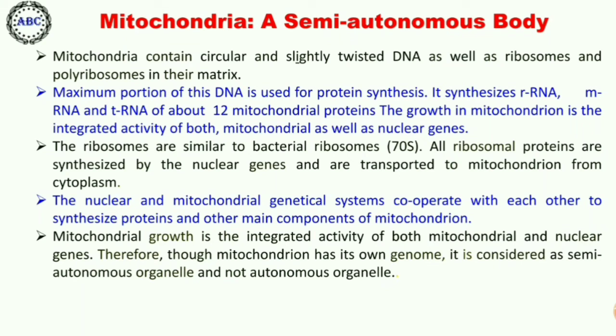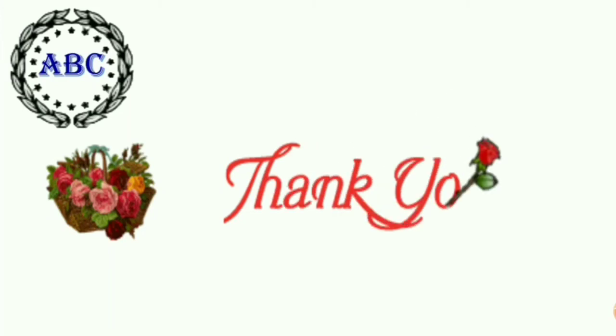Therefore, though the mitochondrion has its own genome, it is considered a semi-autonomous organelle and not an autonomous organelle, because mitochondrial protein synthesis or cell growth depends on nuclear genes along with mitochondrial genes. So, it is considered a semi-autonomous body. Thank you very much.